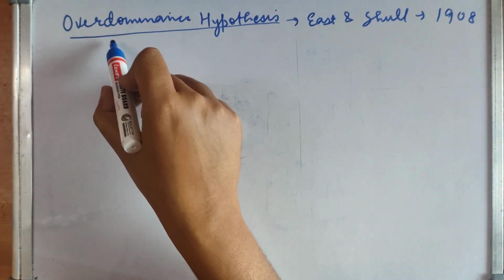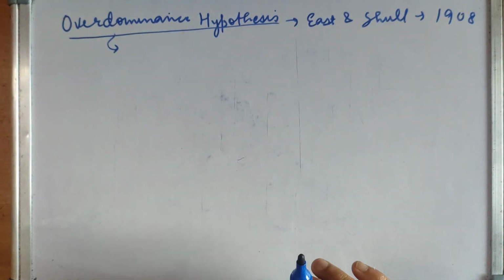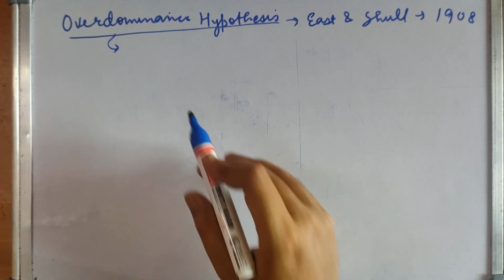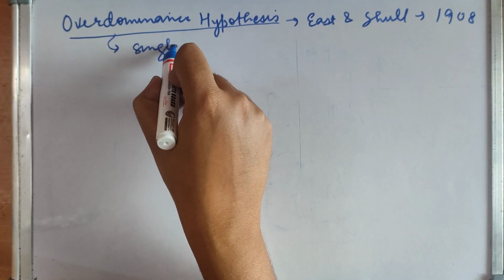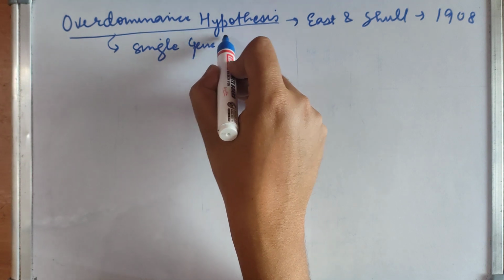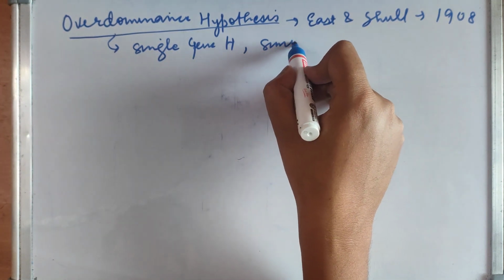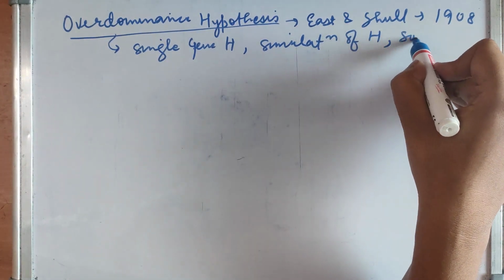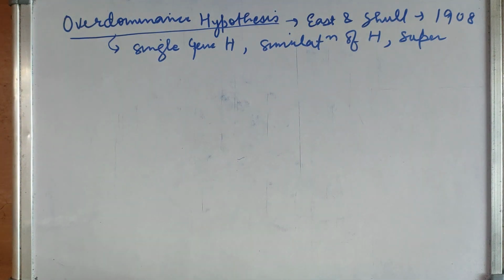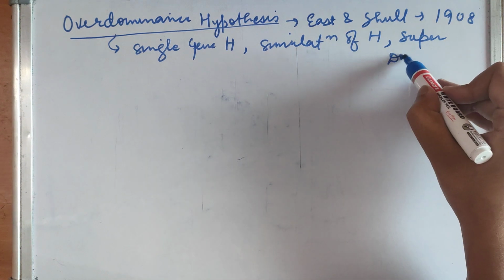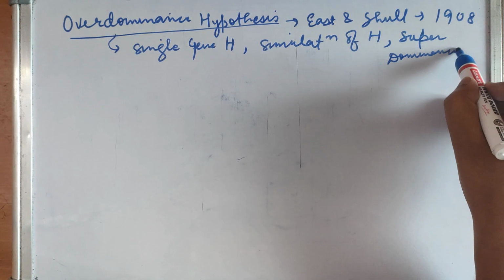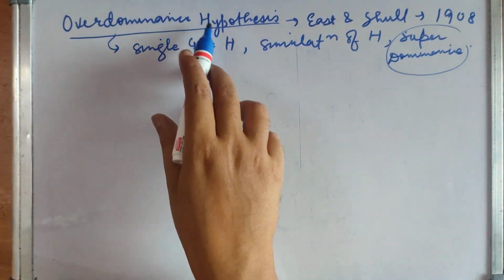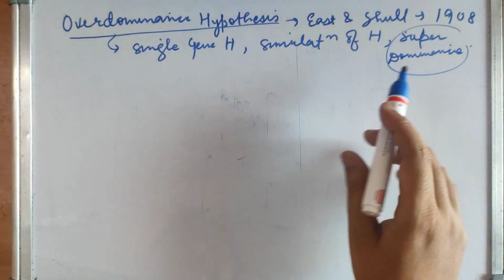It is also known as simulation of heterosis, cumulative action of divergent genes, single gene heterosis, superdominance, or over-dominance, etc. This is the over-dominance hypothesis as discussed here.